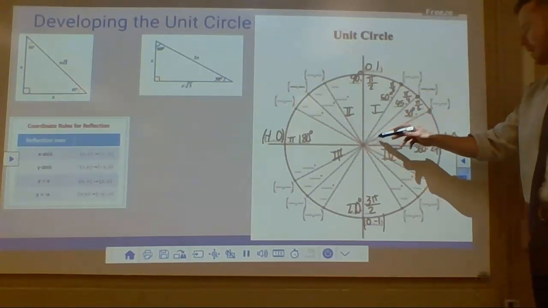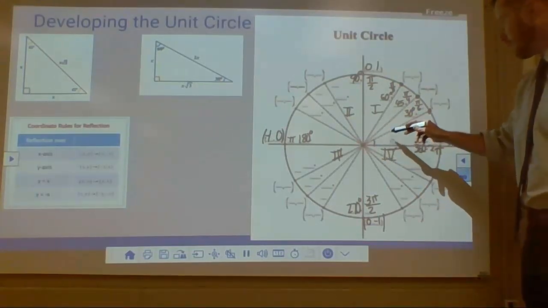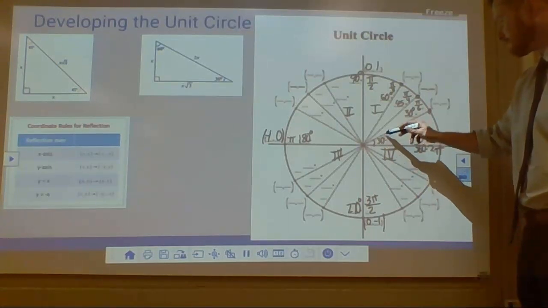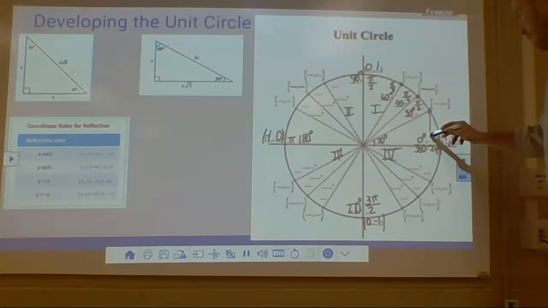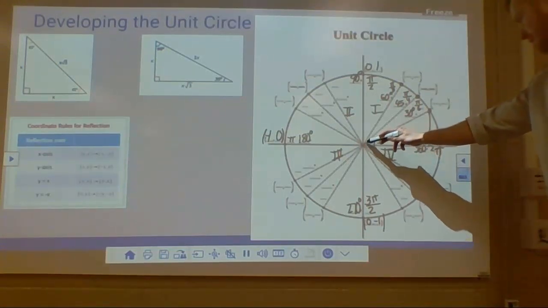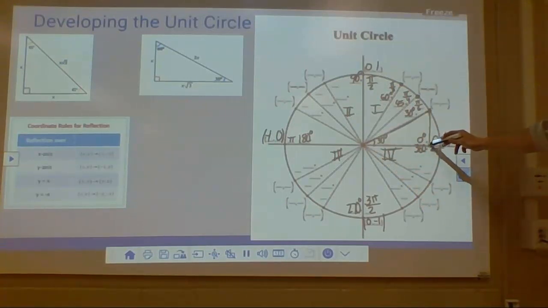So we've got a 30 degree angle right here. Okay, so we got 30 degrees right here, and then what I'm going to do is I'm just going to drop down a vertical component right here, and that's going to give us a triangle. It's going to give us a right triangle.